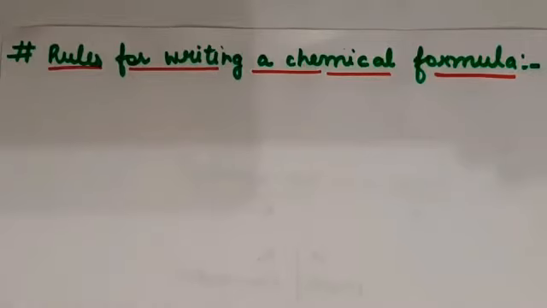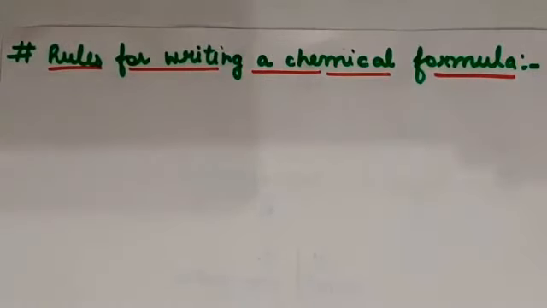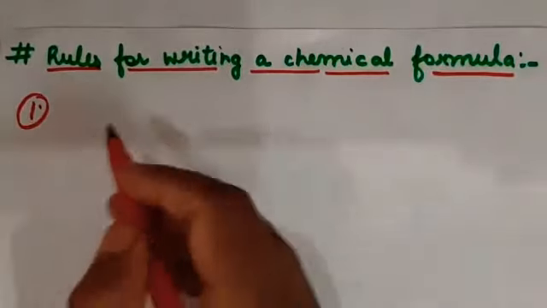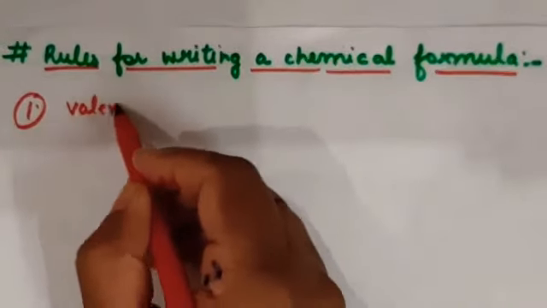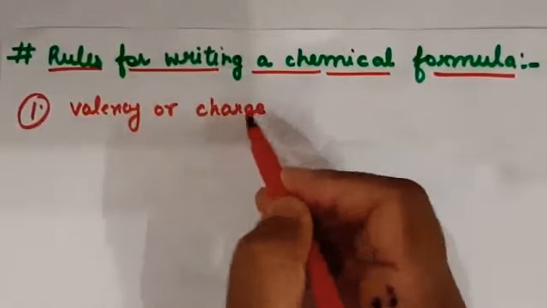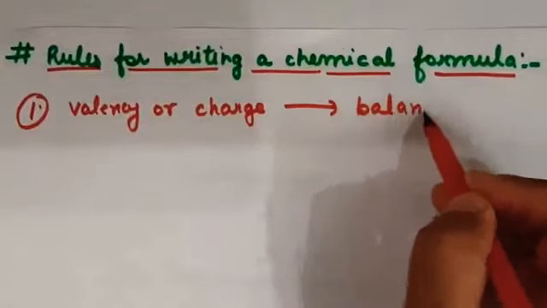Now, what are the rules for writing a chemical formula? There are some rules. Number 1, the valency or the charge on the ions must be balanced.